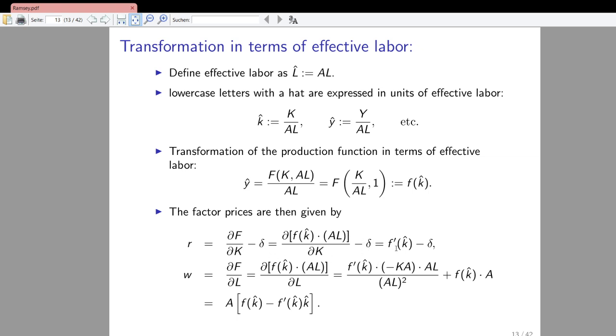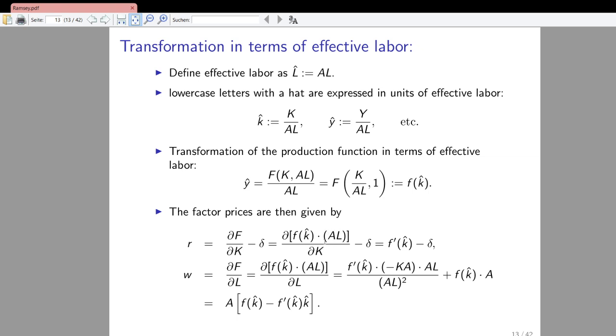And now we see that this is the same as the derivative of the production function in intensive form with respect to K hat, because we have to apply the chain rule here. So if we take the derivative with respect to capital, we have to take the derivative of f of K hat first, and then we get the inner derivative, which by the definition of K hat would be 1 over AL.